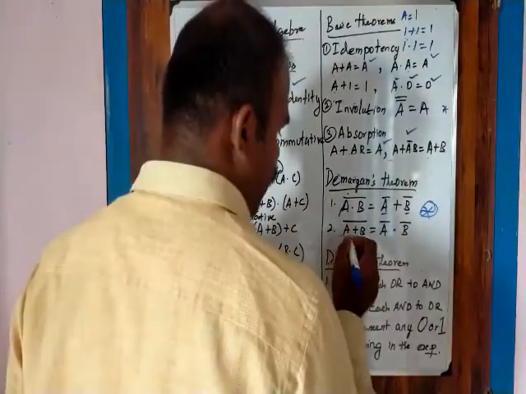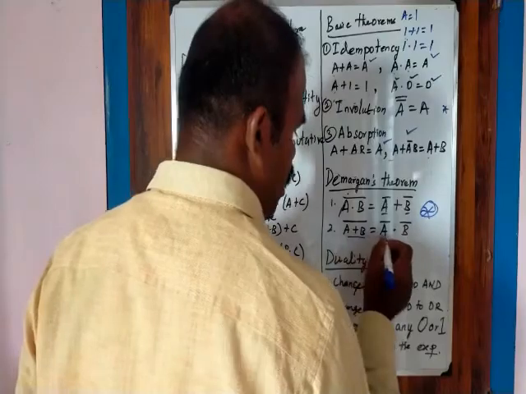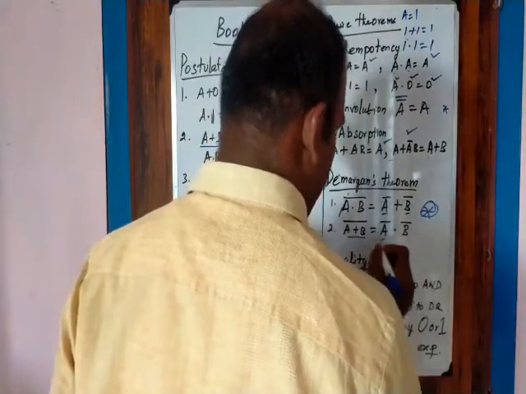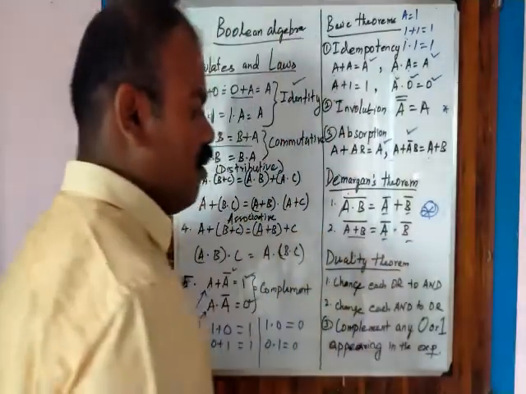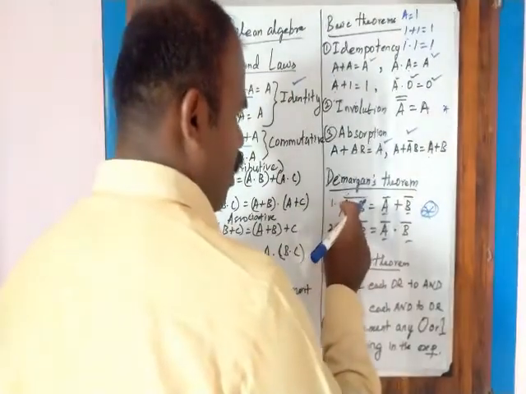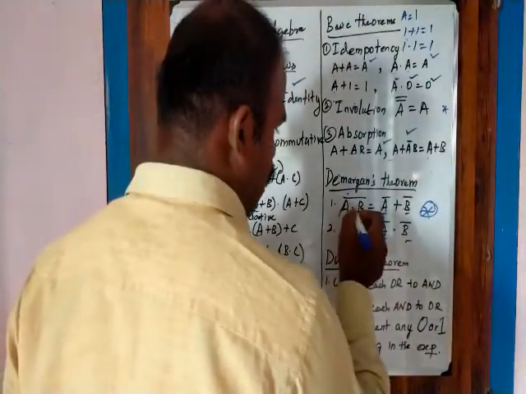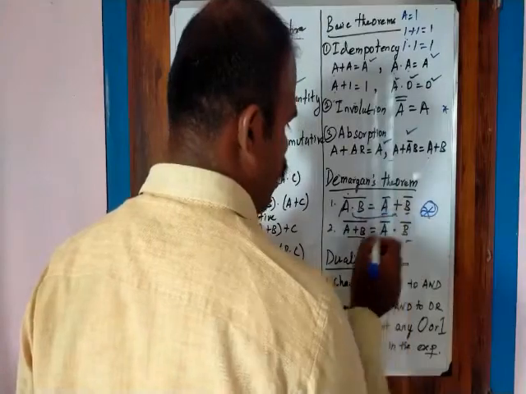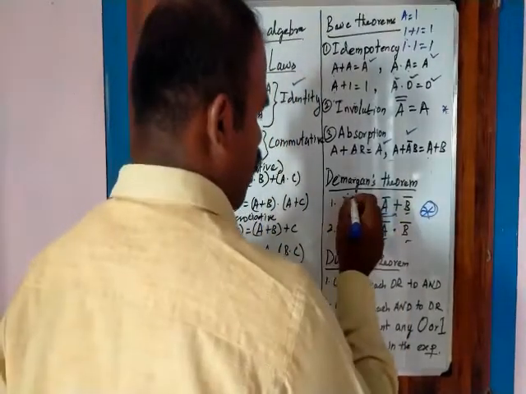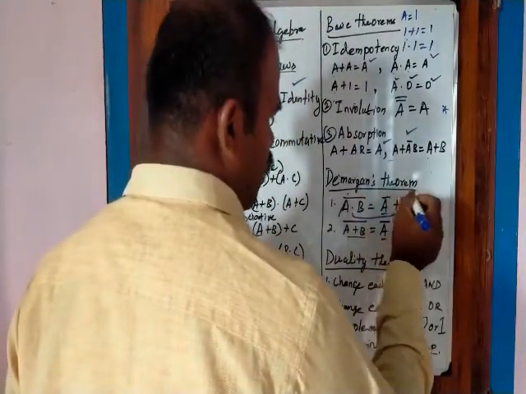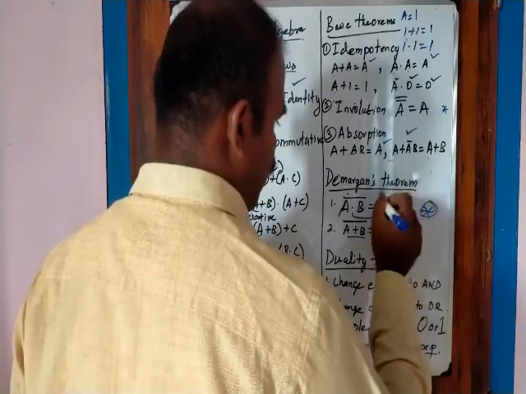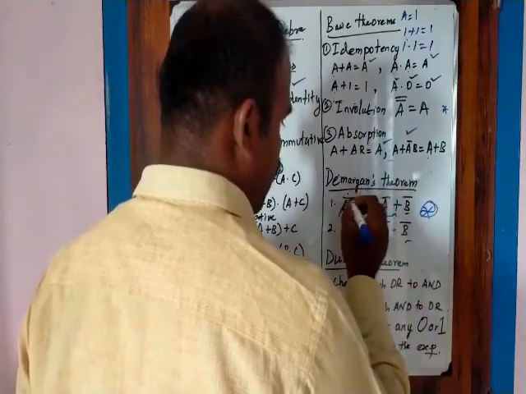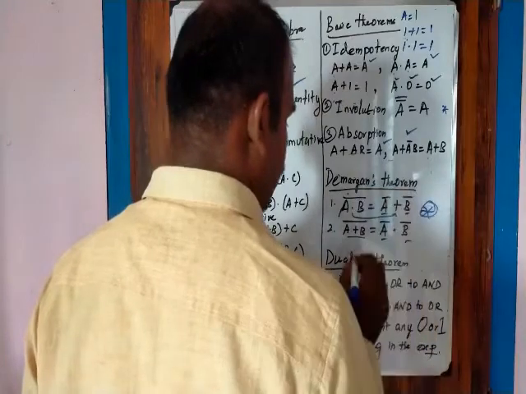Similarly, the complement of the OR operation is the product of complements. The dot is converted to OR, and the complement is split into the two variables.